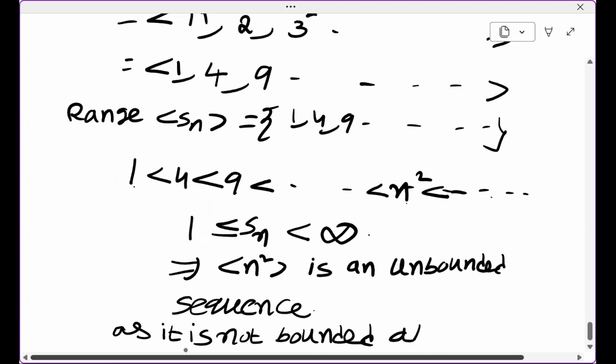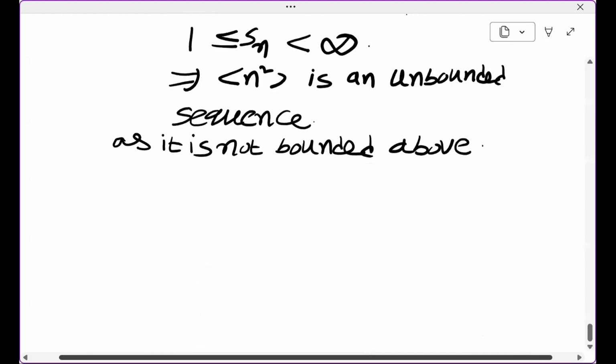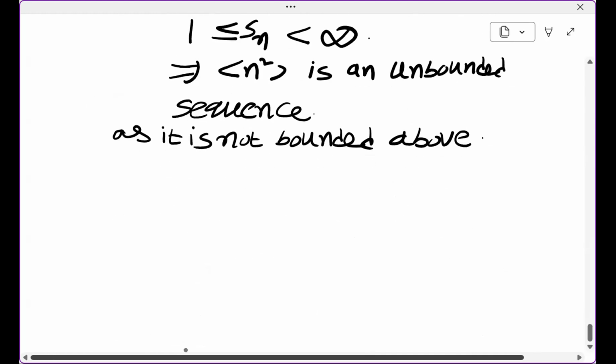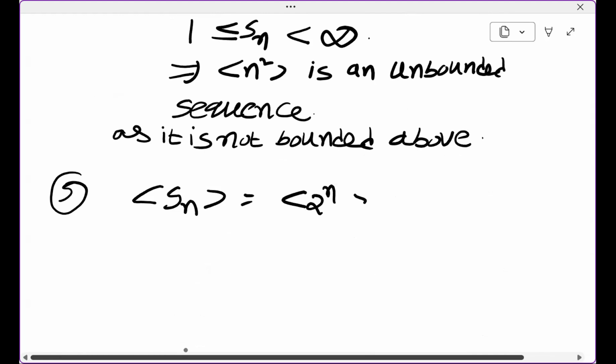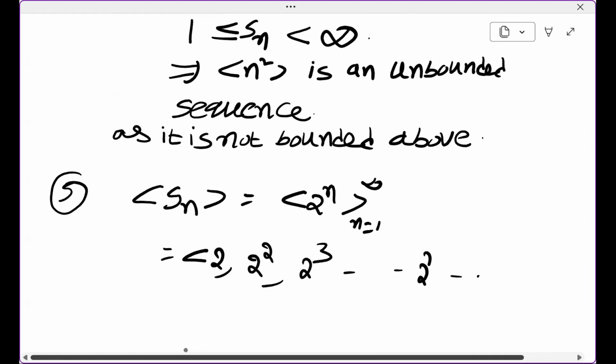Okay, 2 power n. Next one. I have given the question 2 power n: n equal to 1, 2 square, 2 cube, up to 2 power n.